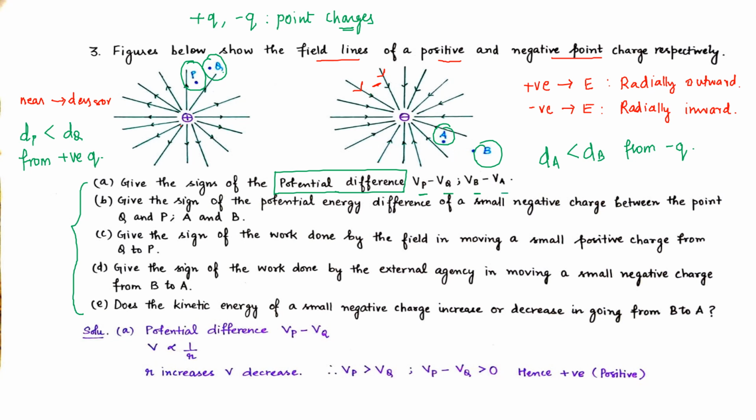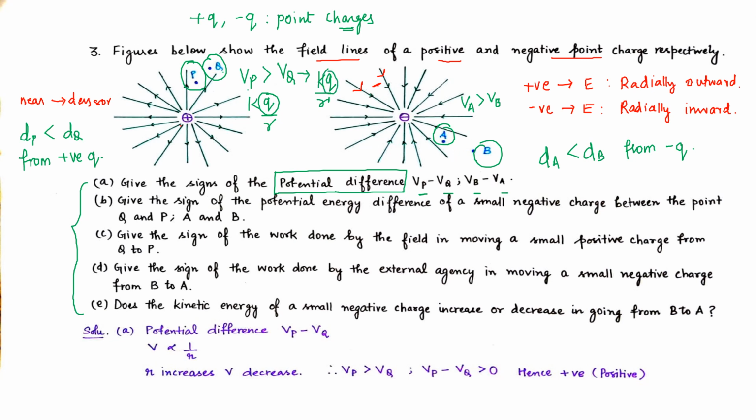Okay. See, one more thing I want to make clear in the initial step is that the potential at P is greater than the potential at Q. Similarly, the potential at A is greater than the potential at B. Here, this potential is given as KQ by R. Q is positive. For this, it is given as KQ by R dash.